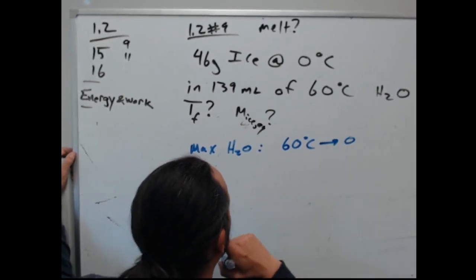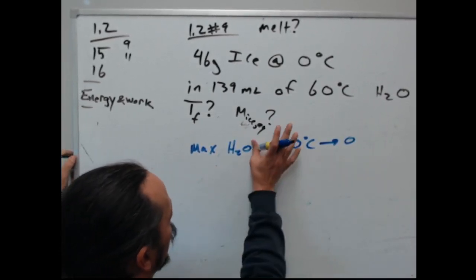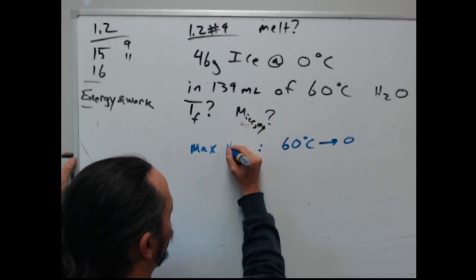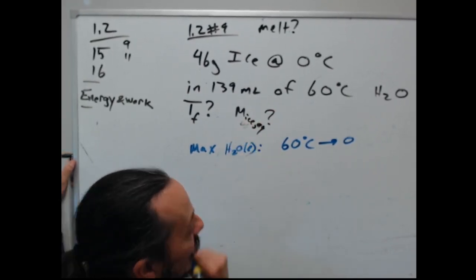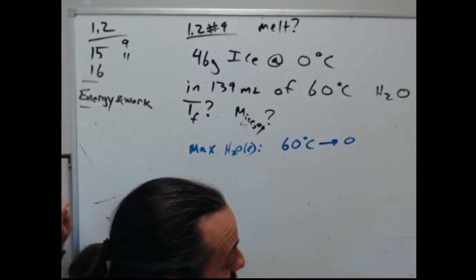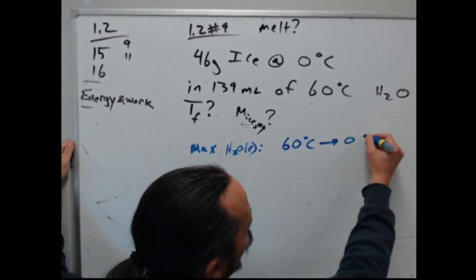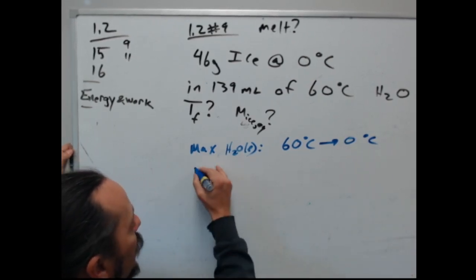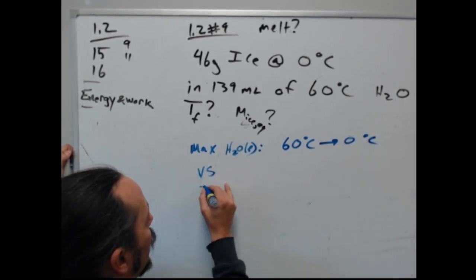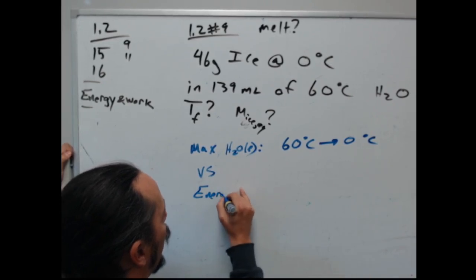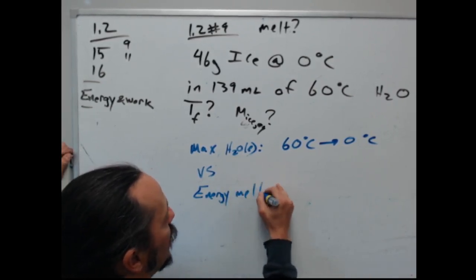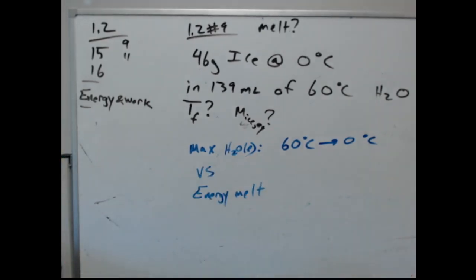Otherwise, it's going to be turning into solid. And I should call this H2O liquid because H2O solid ice is still H2O. So we're going all the way to 0 degrees Celsius, and I'm going to compare that to the energy needed to melt all of the ice. I'm just going to see which one is bigger.